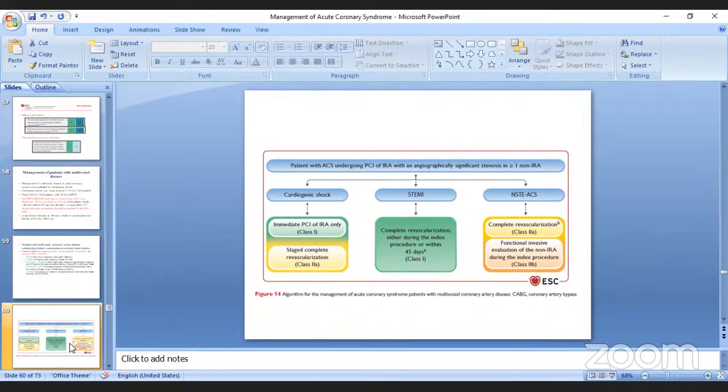In case a patient is presenting with STEMI, complete revascularization is recommended. Either you do it during the index procedure or you do it within 45 days. In case of patients with non-ST elevation, complete revascularization should be considered. If there is any doubt, then functional invasive evaluation of the non-infarct related artery during the index procedure should be considered.